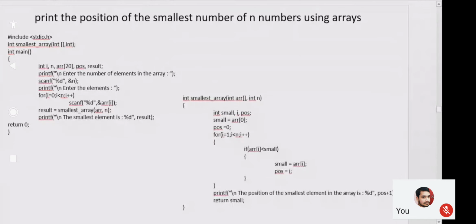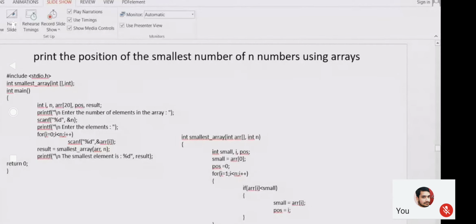After that, small will again be compared to all elements one by one. Here for reading all the elements, or inserting all elements into the array, it takes n times, and here also one single loop is there. So n plus n means order of n time. So the time complexity is also order of n.